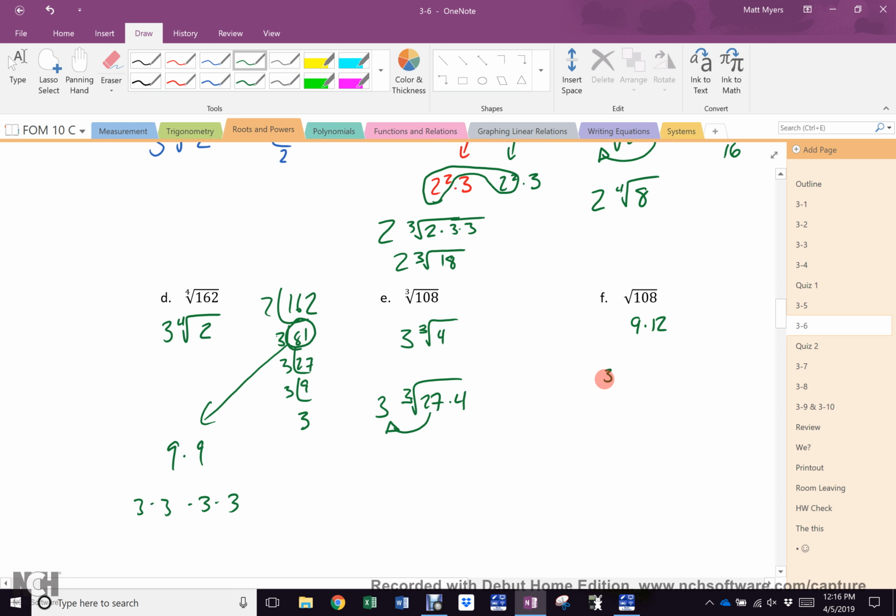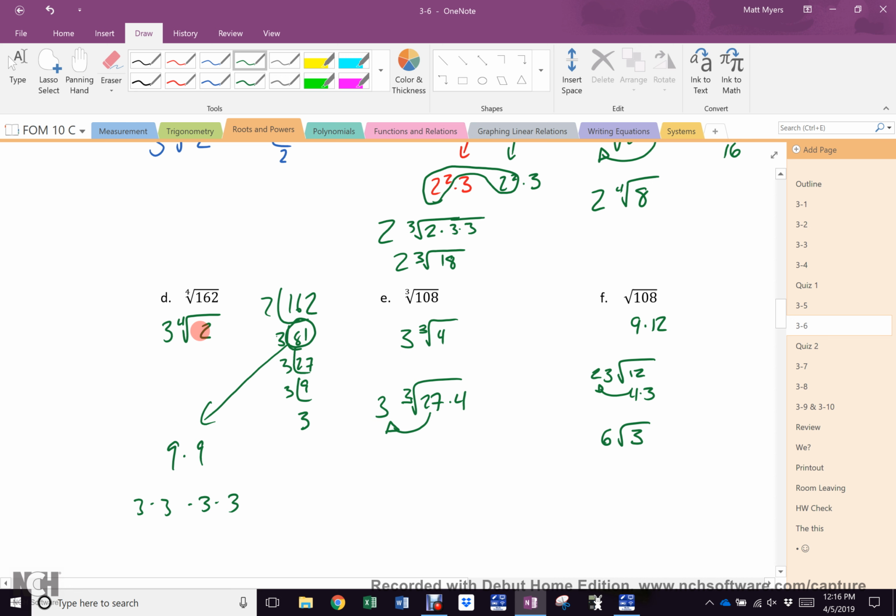You brought out a 3, and you left a 12 there. Is that okay? You're halfway done, because what's 12? 4 times 3, out comes a 2, and I get 6 root 3. Is everybody cool? And that's how we read it. 6 root 3. 3 cube root 4. 3 cube root, or fourth root 2.